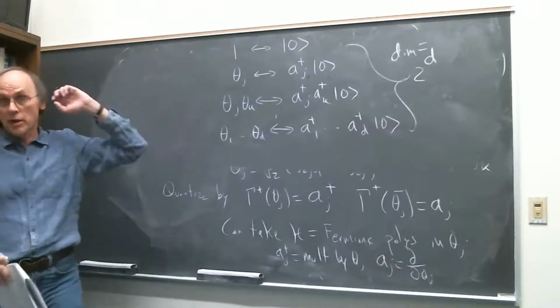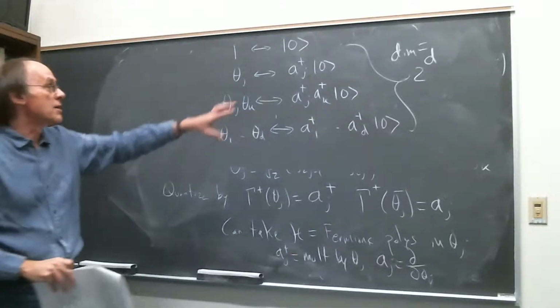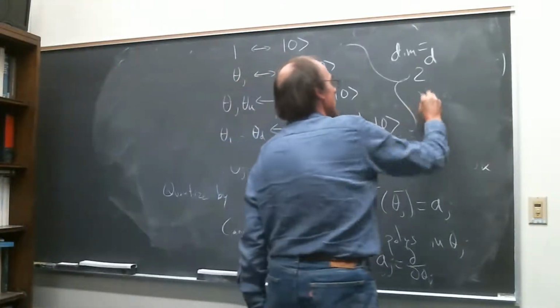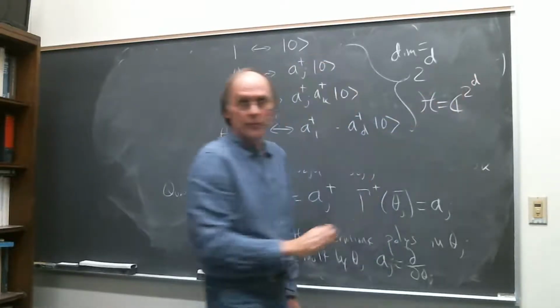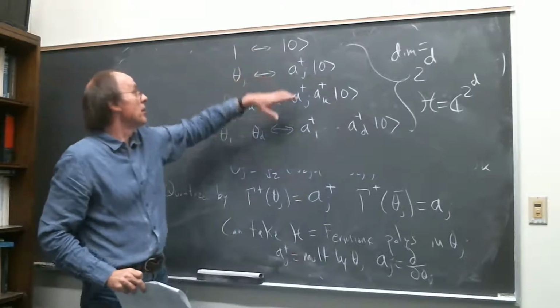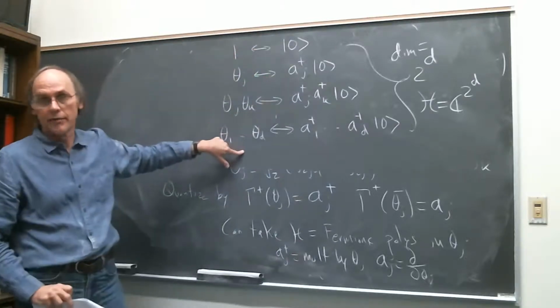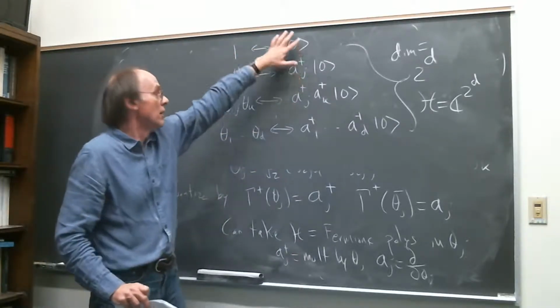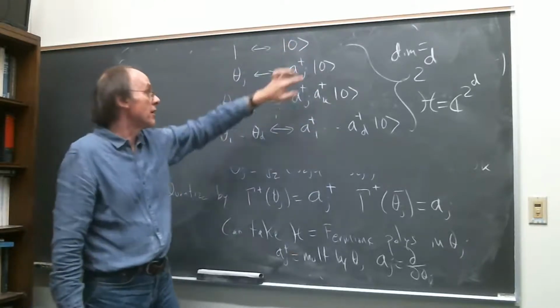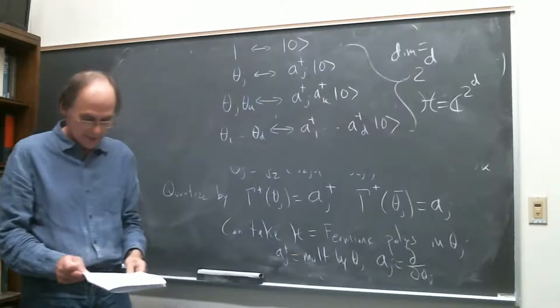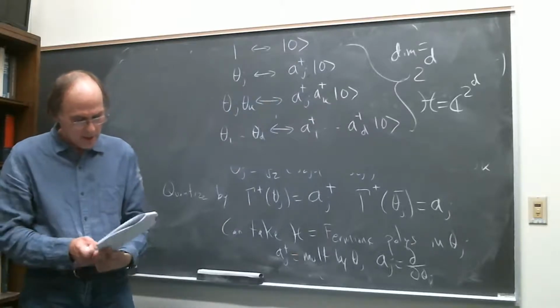So now everything is over the complexes. We've complexified, so H is equal to C to the 2 to the d, and it has a basis, which is these guys. If you want to think physically about the fermionic oscillator, it's the thing you get with these guys.